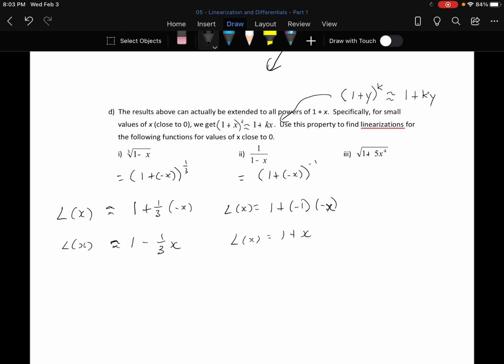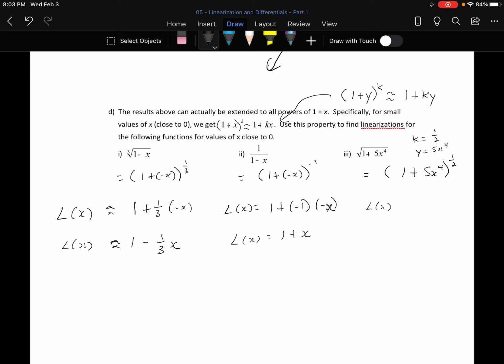The last one of these types of problems is 1 plus 5x to the fourth. I can write that as 1 plus, the plus is right, this crazy 5x to the fourth, and then we're back to an exponent of 1/2. So for my linearization, I'm going to get k equal to 1/2 this time, and y equal to 5x to the fourth.